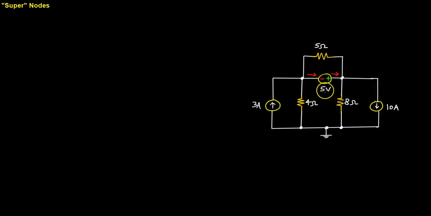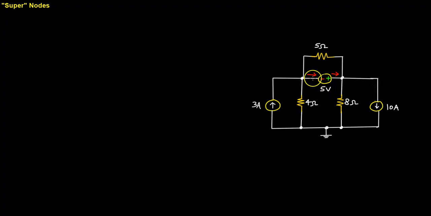Because recall, earlier in the video we saw that current sources and voltage sources are actually produced using transistors. And a lot of variables inside of these transistors and around their circuitry are going to vary to provide some sort of parameter, voltage or current, from that module. And so in this case, this current could be whatever it needs to be for the circuit to provide 5 volts across its terminals.